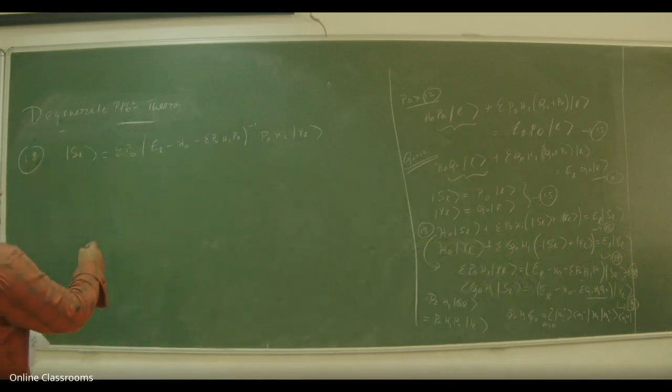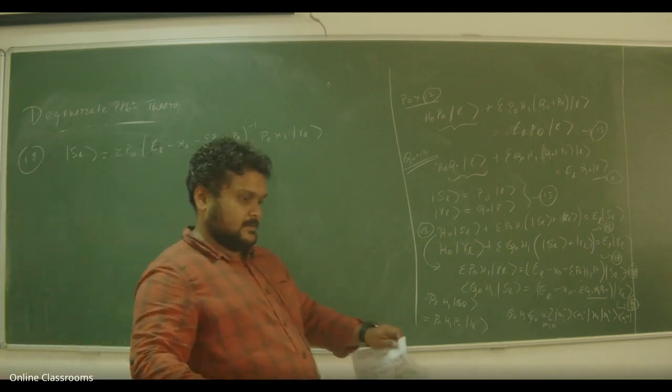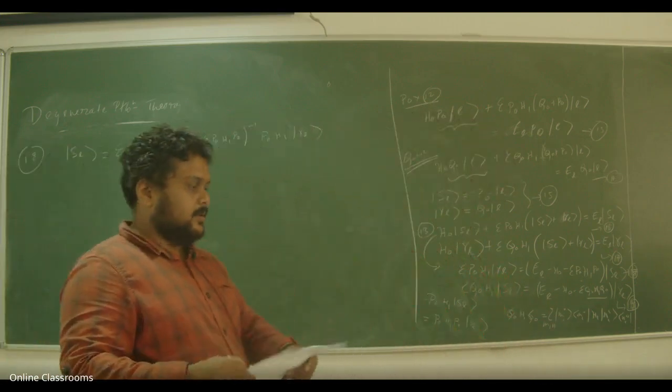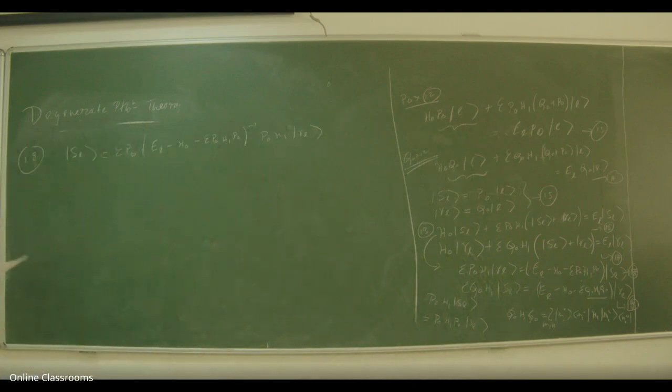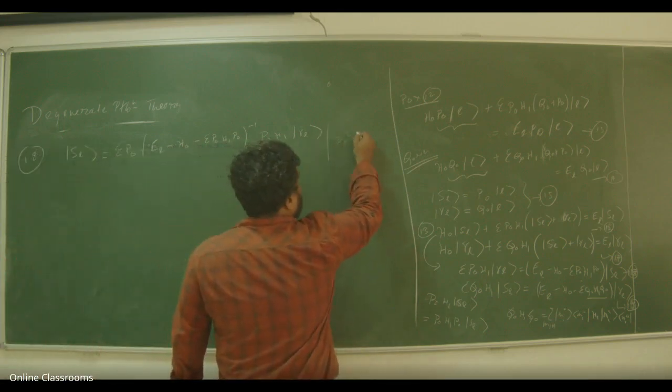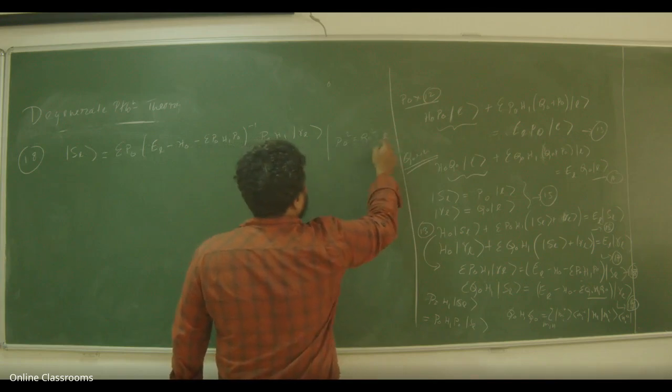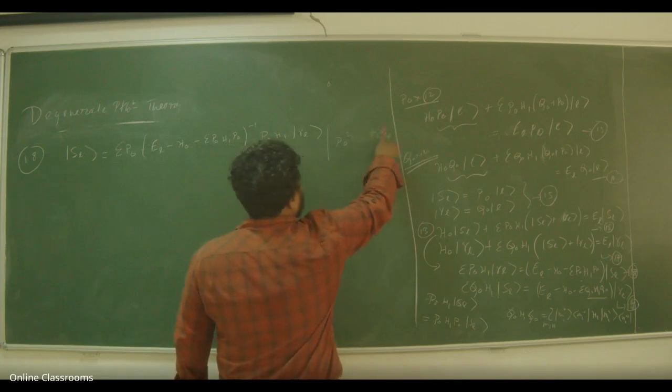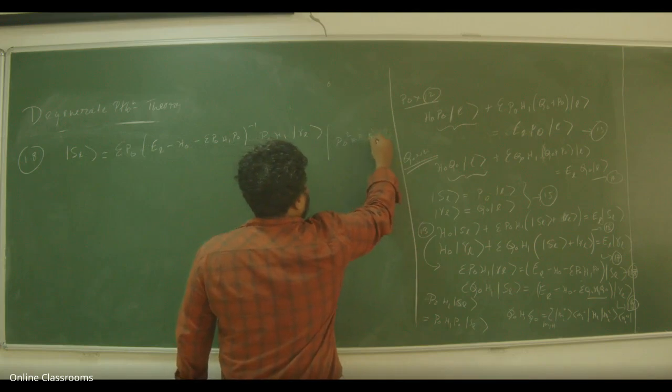So inverting 18 is this, okay, epsilon P naught, and notice that we are always using the projection operator properties to do all these steps of algebra. So remember these things and use that whenever you are seeing anything weird. P naught square is P naught, Q naught square is Q naught.